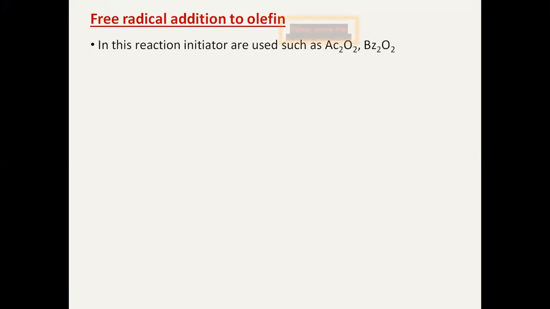Next reaction is the free radical addition to olefin. This is a very interesting reaction involving free radical addition to olefin. Olefins means alkenes. So always remember, any type of free radical reaction requires an initiator, chain initiator, or we can say accelerator.